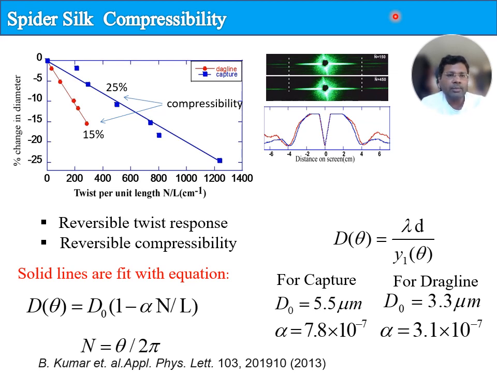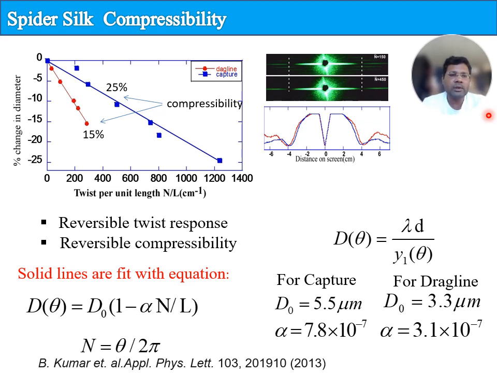The maximum compression in our dragline before it breaks was found to be 15%, while in the case of capture silk we obtained up to 25% compression before it breaks. So here we provide the first quantitative measurement of the transverse compression, and we show that the capture silk can compress more and tolerate more compression before it breaking.